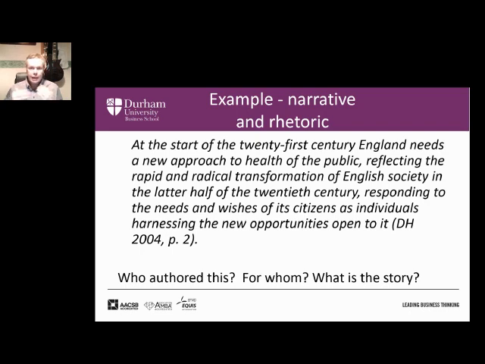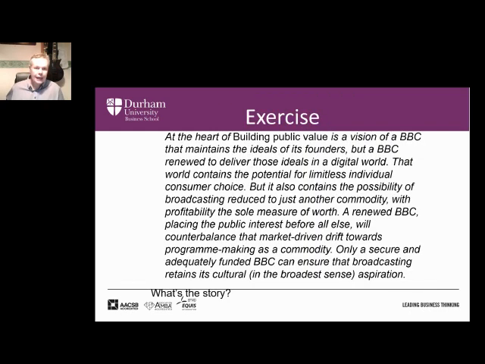Now that might sound compelling, but if we think about an alternative story, you could argue society is changing, so therefore the one thing that we need to make sure stays the same is how we provide healthcare, which is not a good in the same way that technology or shopping or other contemporary goods are. So there's a potential other story that can be told here, and the exercise gives you a clearer way of thinking about the same thing.